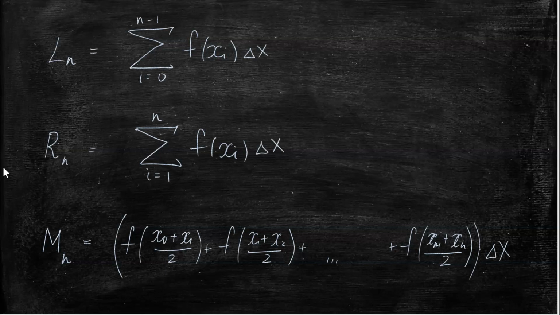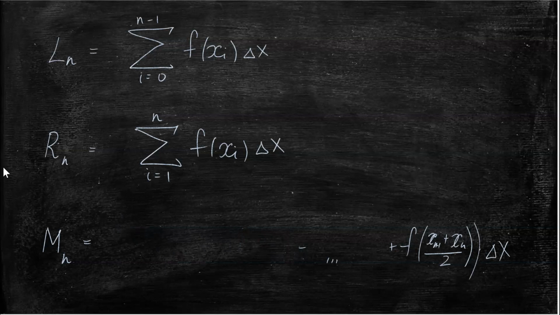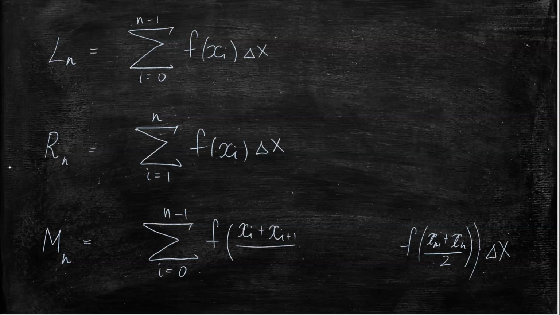The only thing that changes is the boundaries from where to where we go in terms of I, the index, and last one, we can either write it like this, or we can also play with the index a little bit, and we can write it like this as well.